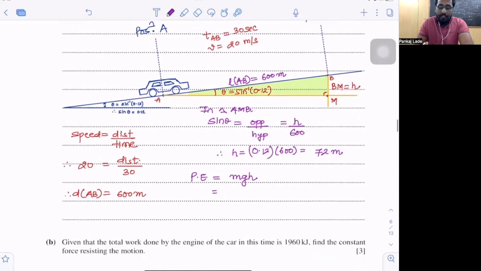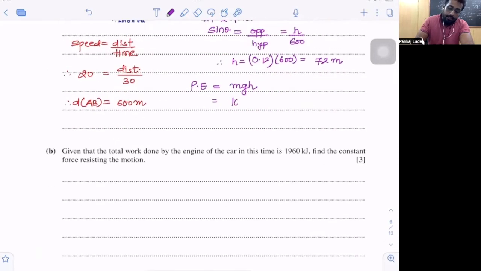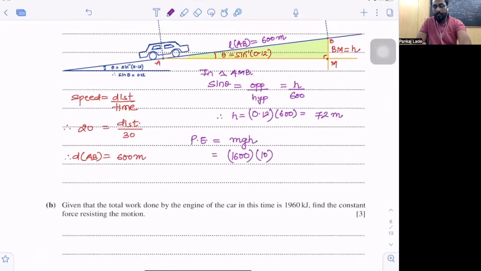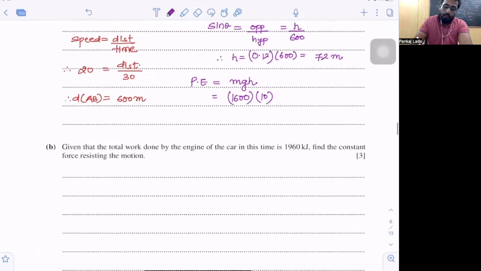So m is 1600 kg. So I'll write here 1600 multiplied with g. G is 10, right? G is 10, and the height, the vertical displacement of the particle, that is 72. So this multiplies with 72. So this would come out to be 1600 multiplied with 10 multiplied with 72.